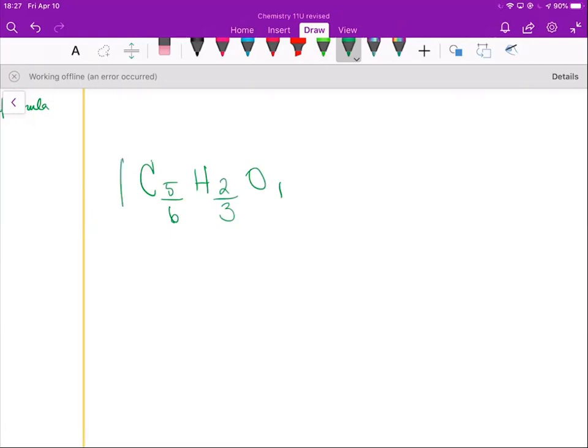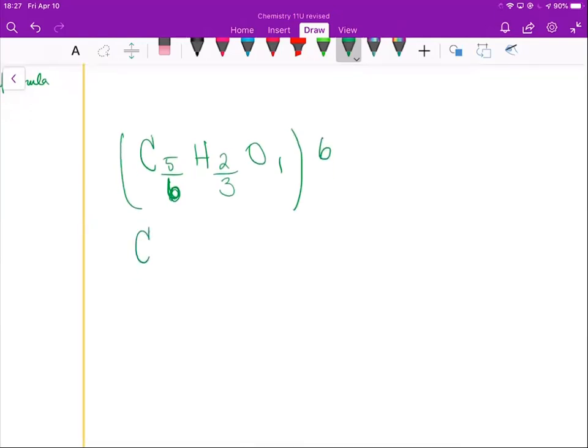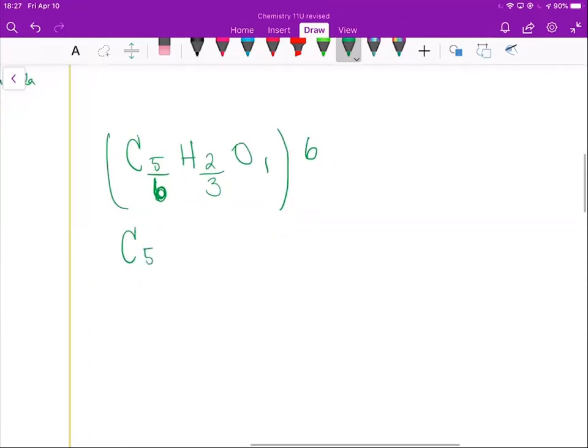Actually, this isn't even an empirical formula. What you're going to do is find the largest common denominator, so in this case 6, and you're going to multiply everything by 6. So 5 over 6 times 6 is 5. 2 over 3 times 6 is 2 times 2, so 4.